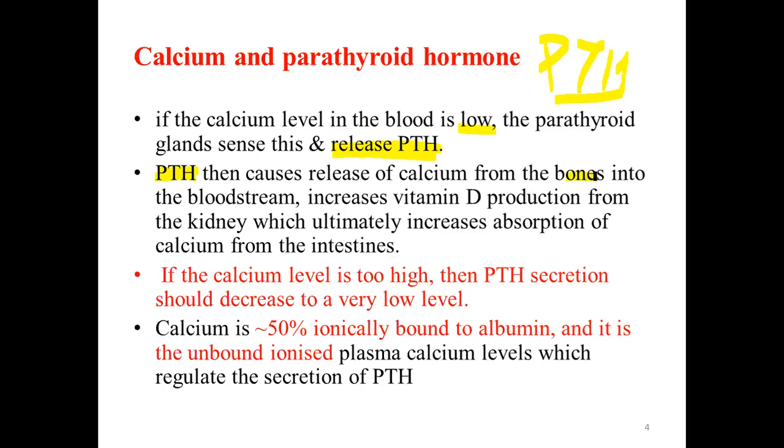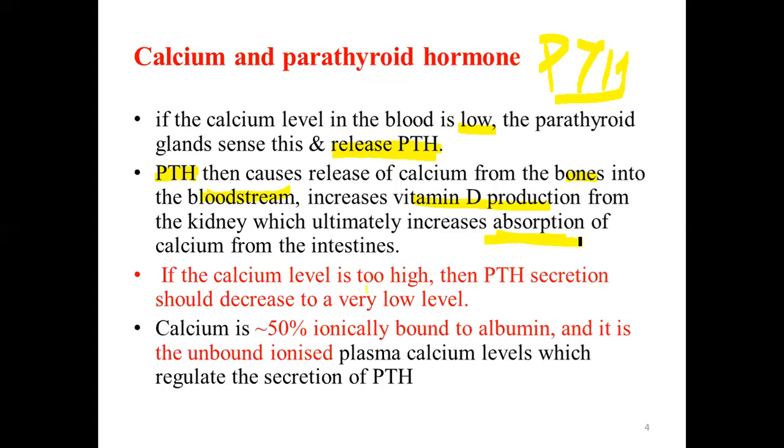This ultimately increases the calcium level. So PTH increases bone resorption. Then it also activates vitamin D production from the kidney so that it increases absorption of calcium from the intestine. So ultimately, when the PTH level is elevated, it increases the calcium level in the serum.